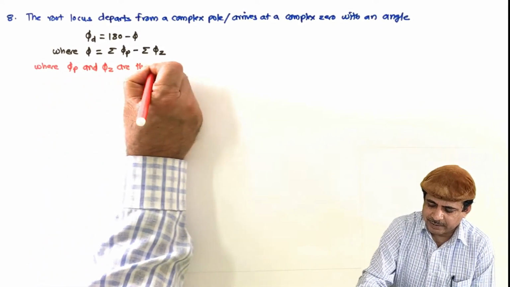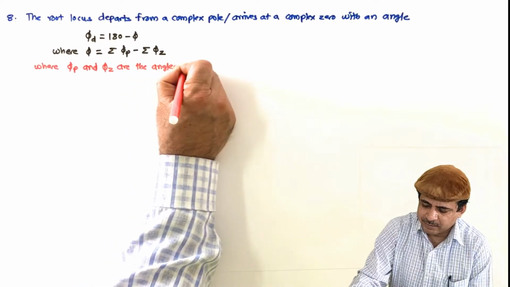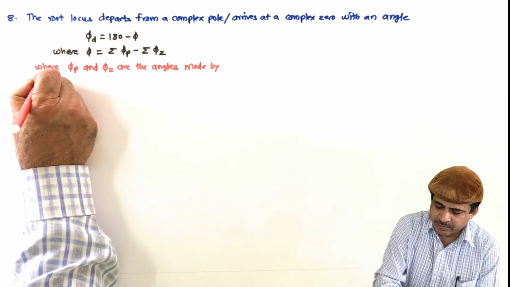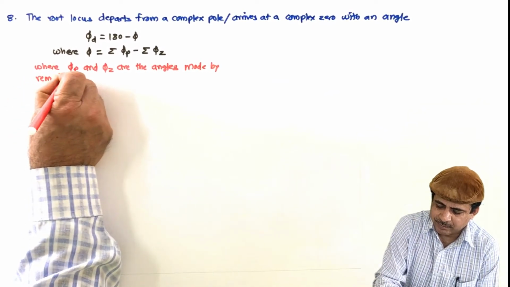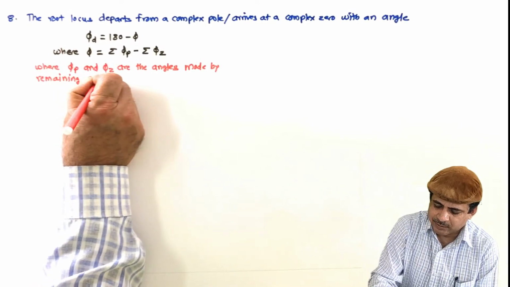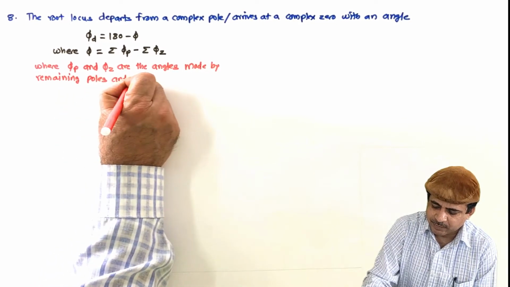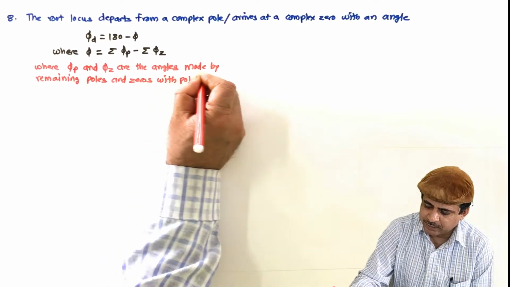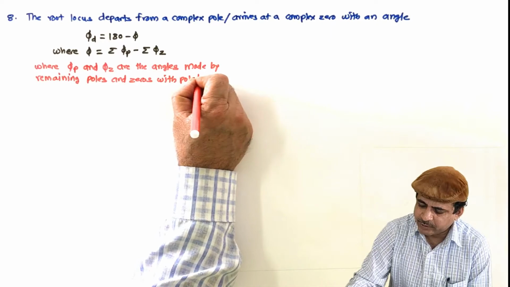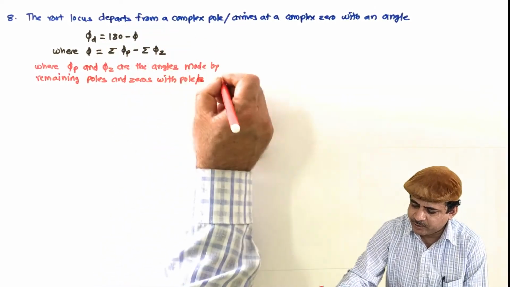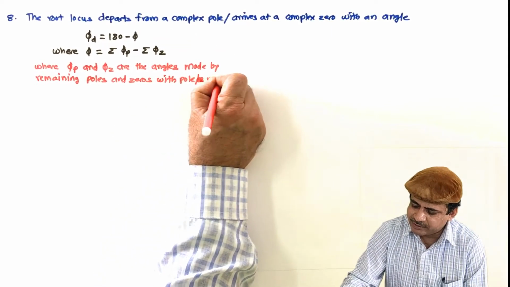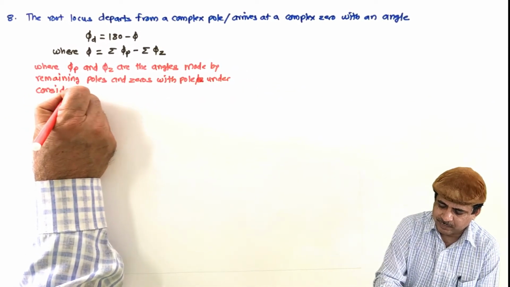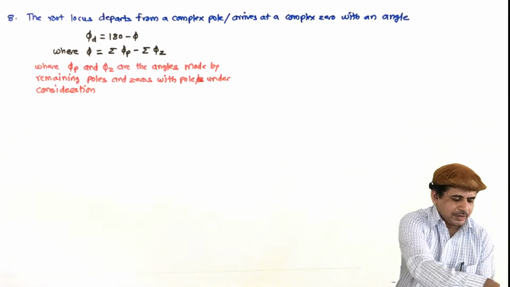are the angles made by the remaining poles and zeros with the pole or zero, or in this case it is the pole because we are finding the angle of departure, the pole under consideration. What does it mean?